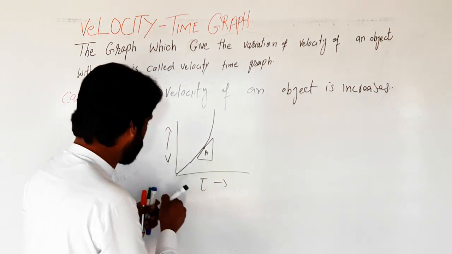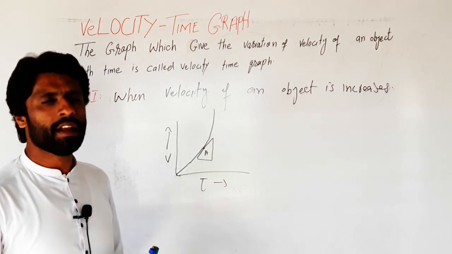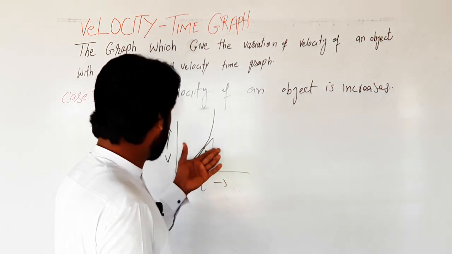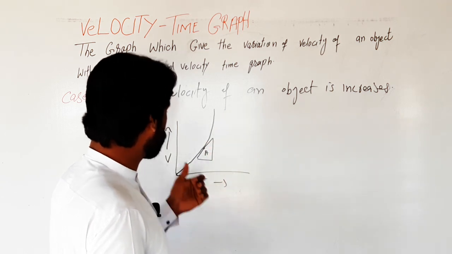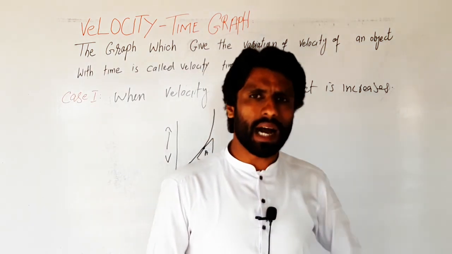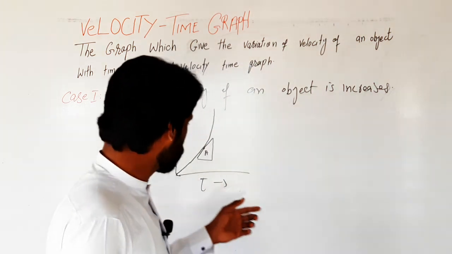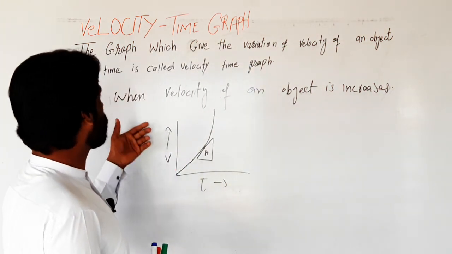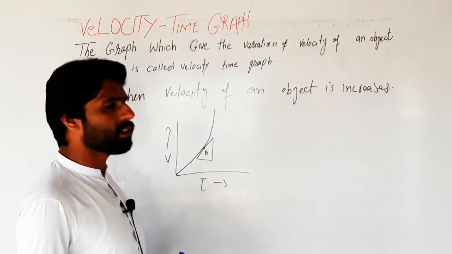When an object is moving with increasing velocity, the variation in velocity with time increases, and the graph shows a curved path like this. This is the third condition of velocity, when the velocity of an object increases.